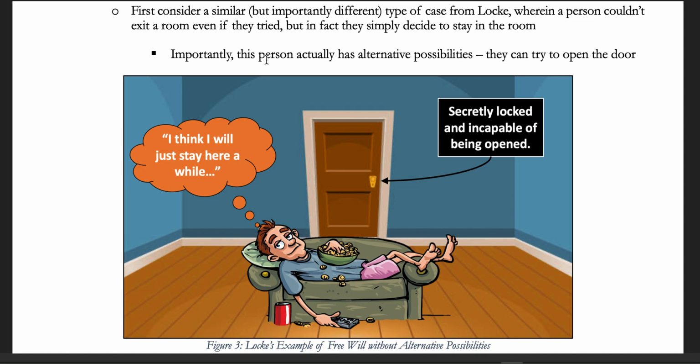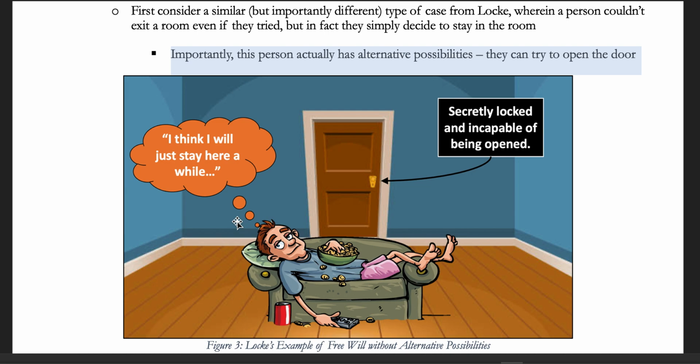And so this kind of example is one of the seminal cases to start this push against PAP. That terminology, this principle, wasn't really around yet, but this idea that freedom and responsibility requires the ability to do otherwise was certainly around. And John Locke tried to say, I don't think you need alternative possibilities to be free because, look, this guy can't really get out of the room, but even though he can't get out of the room, he can freely stay in the room by just deciding on his own and not trying to get out of the room.